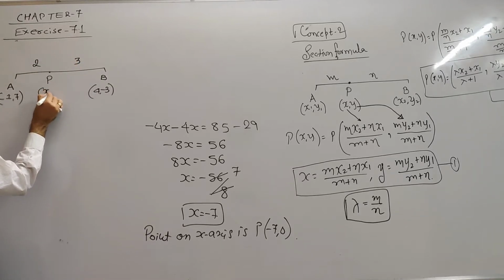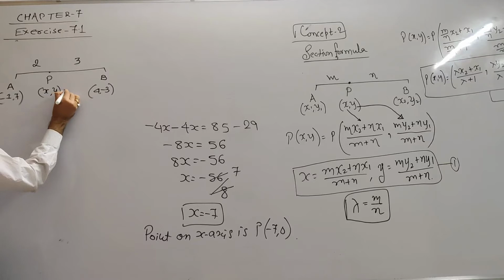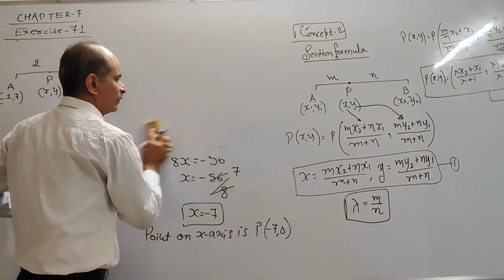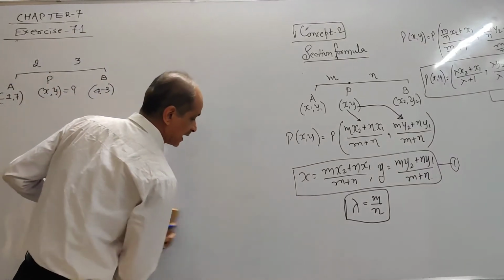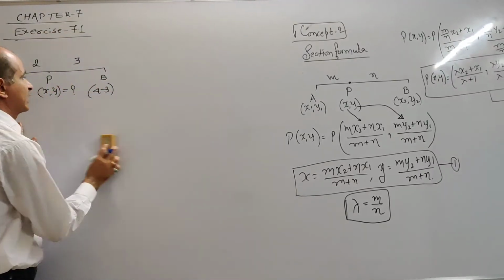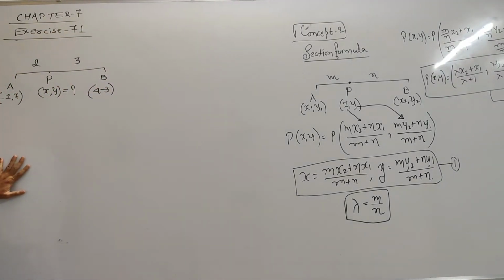Then find the coordinates of P. So two points are given to you and the coordinates are (-1, 7) and (4, -3). The ratio is also given to you, m and n.